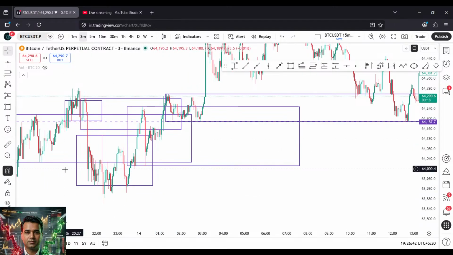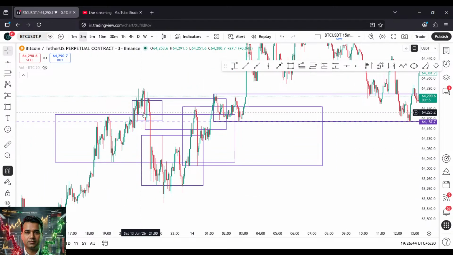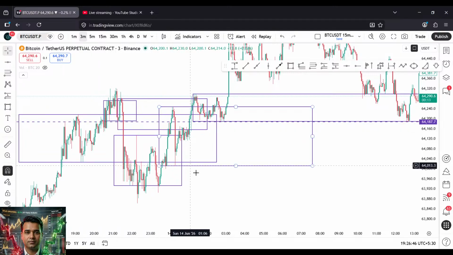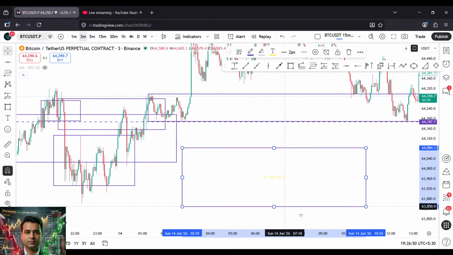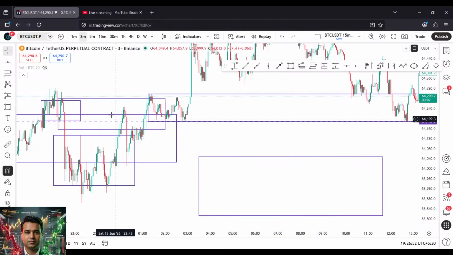Okay, and if we look at this one upper side, look at the swap stop upper side when this one.